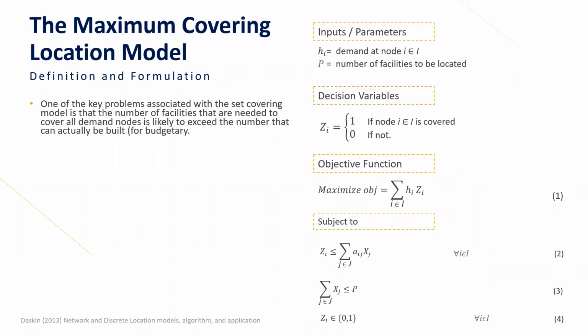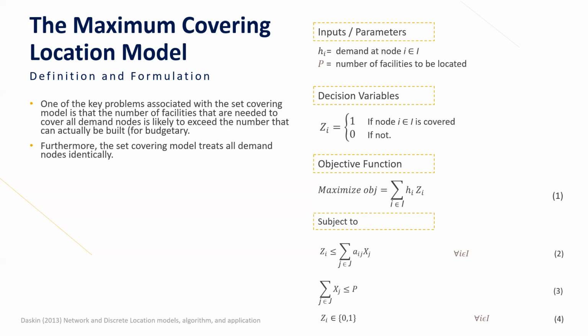So the problem is like this: we are given a set of customer demand that is ready to be served. If we want to serve this demand, we need to select several facilities and then connect those facilities with that demand.